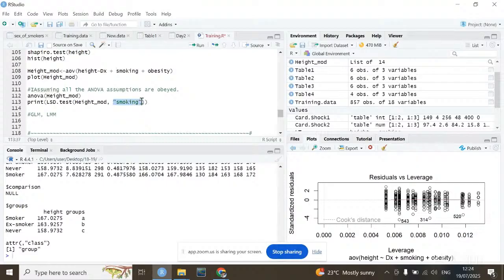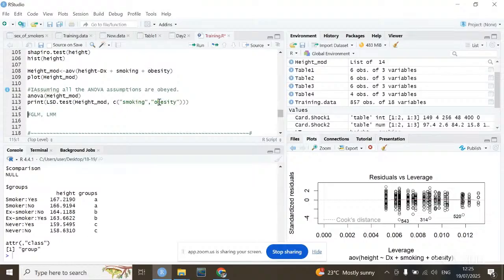But for the case of interaction, you may need to create, you need to combine the factors. Then this is how your LSD test will come.